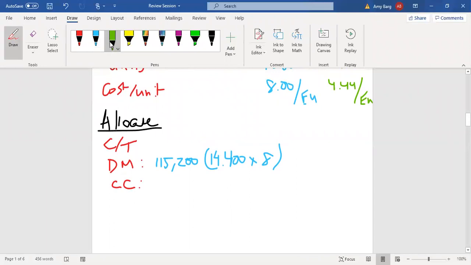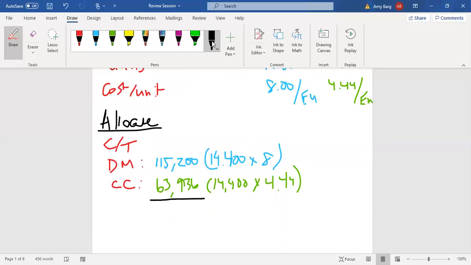Conversion costs was that same 14,400, and we multiply that by the $4.44. And for that we get 63,936. So this is saying that for completed and transferred, all the costs that we allocated to the completed and transferred out units was 179,136. That's what everything that we finished cost us.